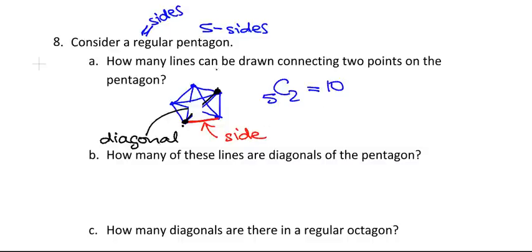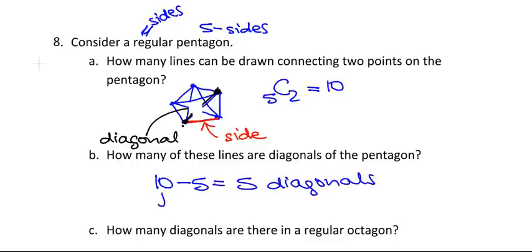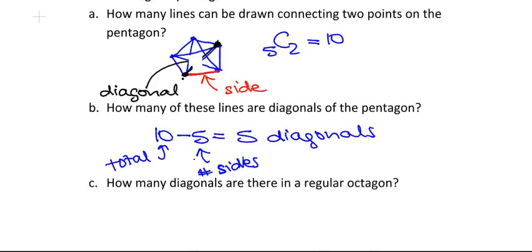So of all the lines you drew in A, how many are diagonals? Well, instead of counting the diagonals, you can say, well, if there's 10 in total, and my pentagon has 5 sides, then there must be 5 diagonals. So from the total, if you subtract the number of sides, you will get the diagonals. So how many diagonals are there in a regular octagon?